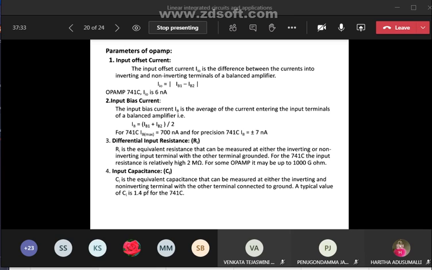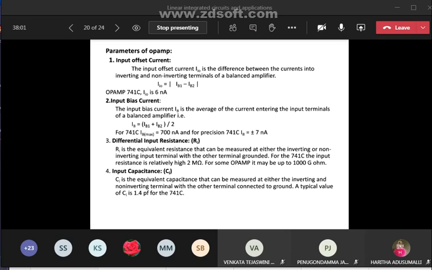The ideal value is infinity, but the practical value is nearly 2 mega ohms. For some op amps it may be up to 1000 giga ohms. In the ideal case it is infinity.